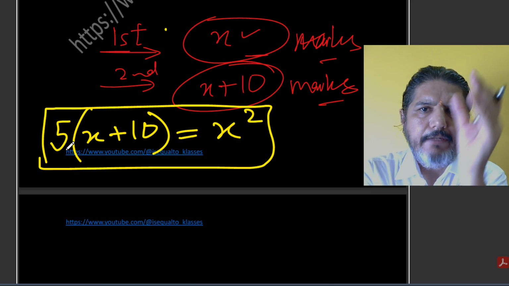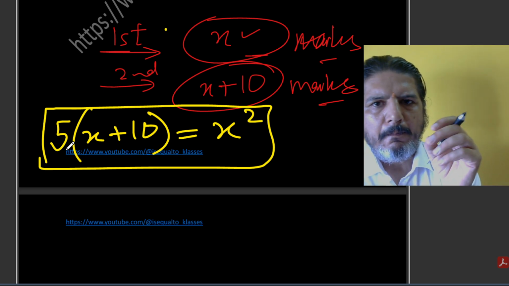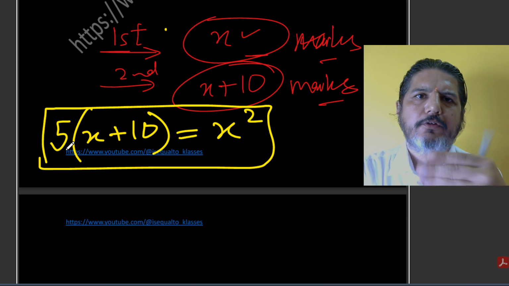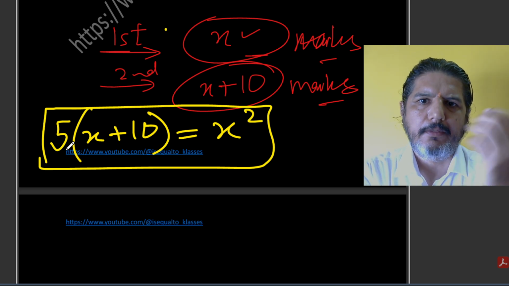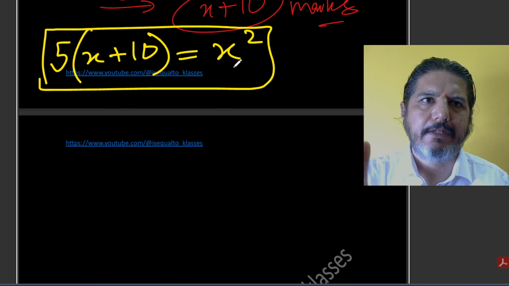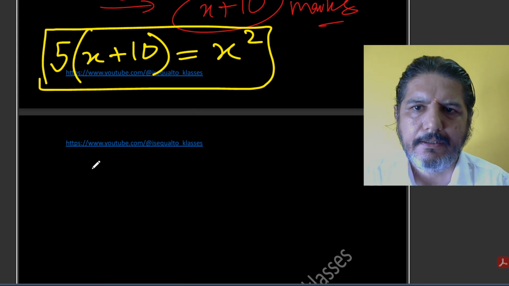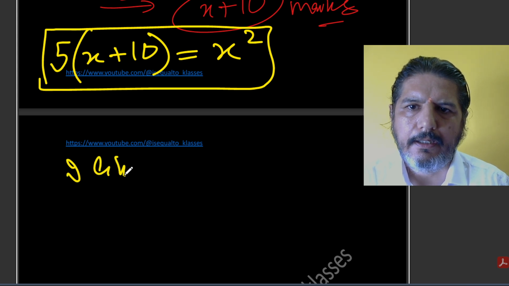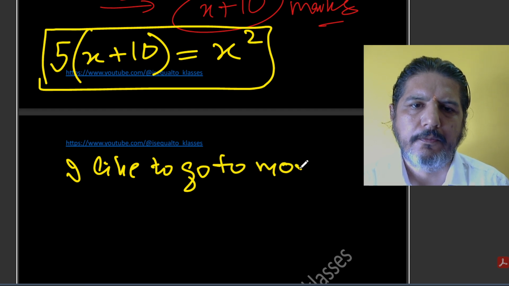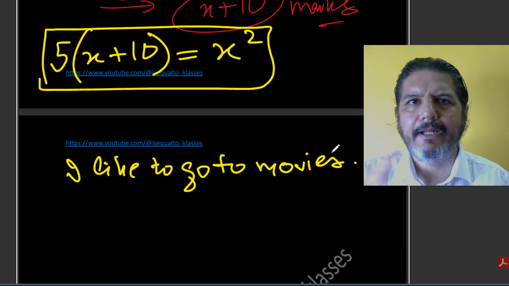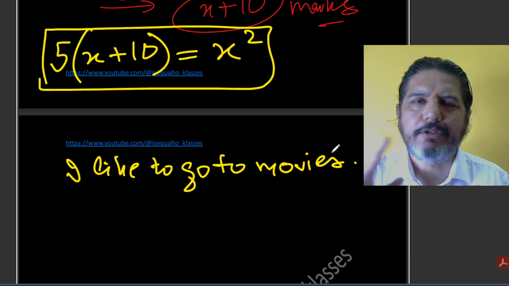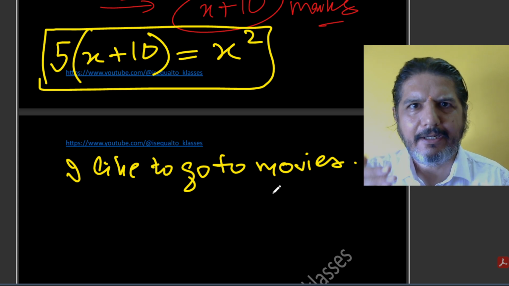So basically, whenever you find difficulty, try to translate it as closely as possible in terms of maths. For example, let us say I have to translate from English to Hindi. A line like, I like to go to movies. If this is a line in English and I have to translate this into Hindi, and let's assume that either my Hindi or English or both are weak, then word by word, how will I translate?